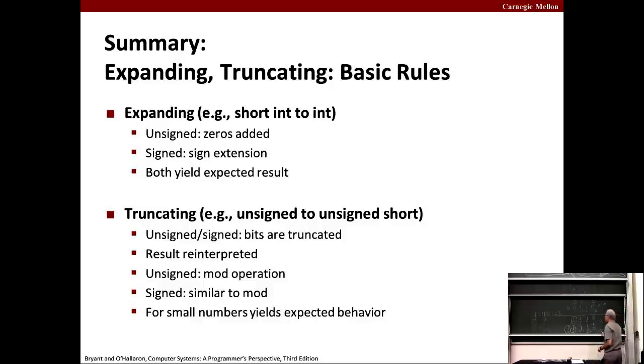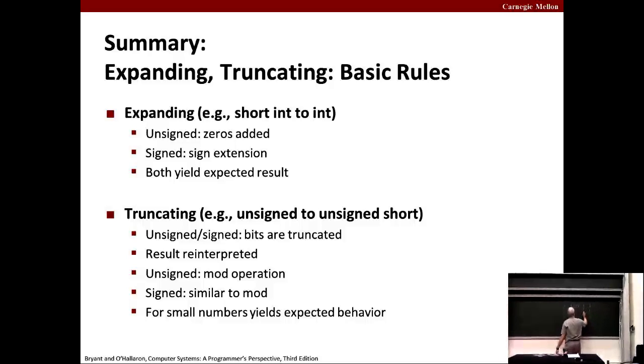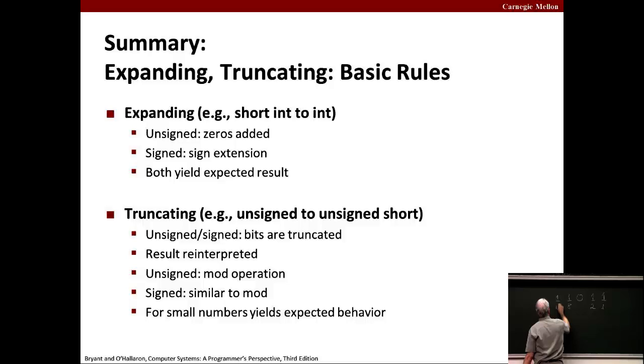a final case to look at is what happens if I make something shorter. So if I had my unsigned number from before, if this were an unsigned number, this would be 1, 2, 8, 16, 14, 17, right?